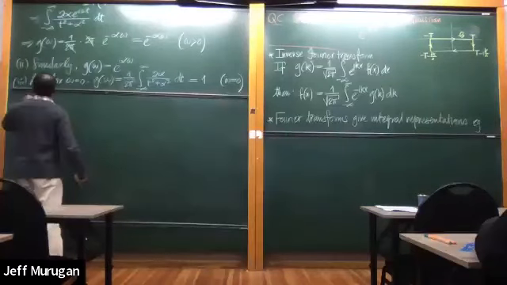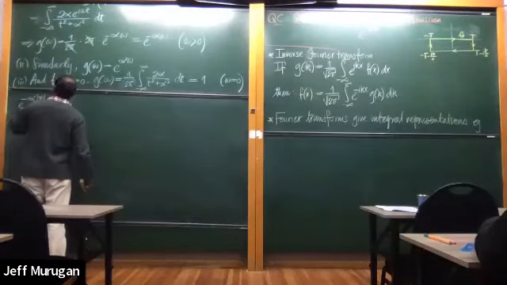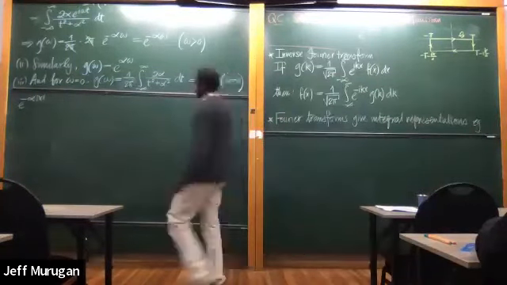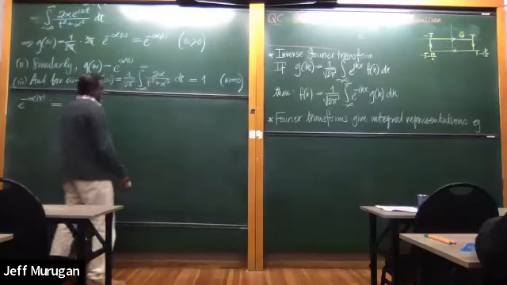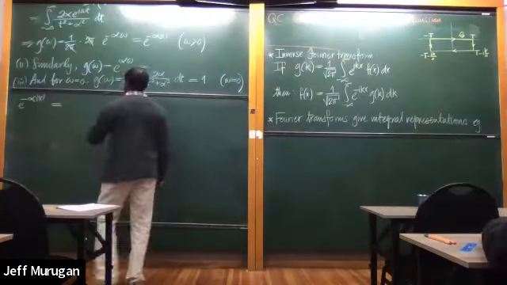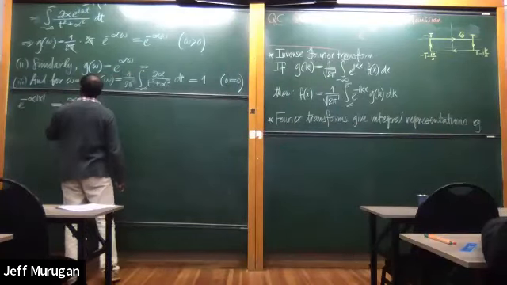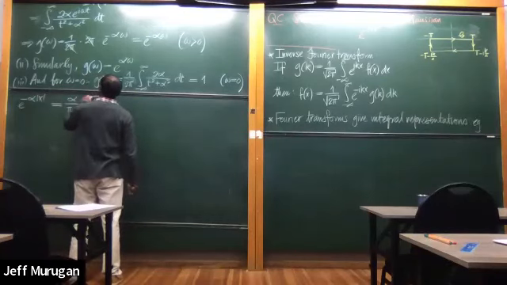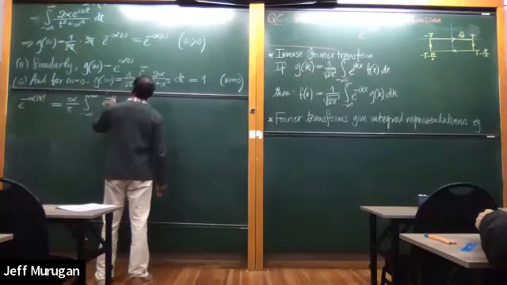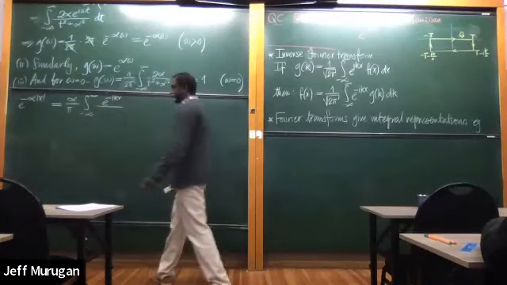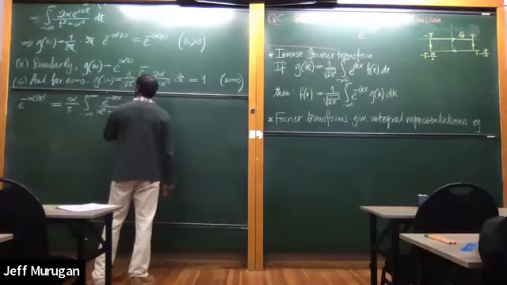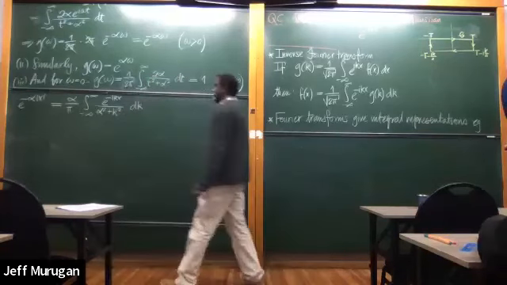We've just learned that this function, e to the minus alpha mod x, can be written as an integral of alpha over pi, integral from minus infinity to infinity of e to the i k x over alpha squared plus k squared dk.